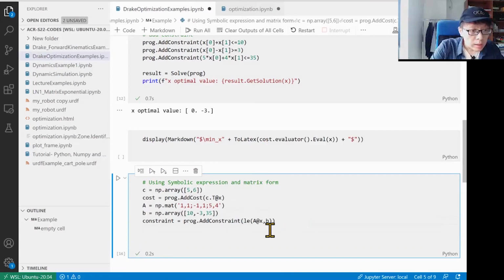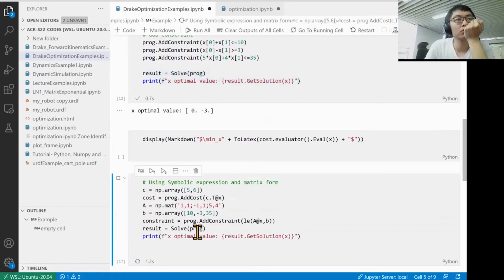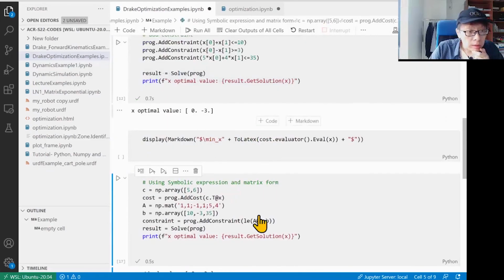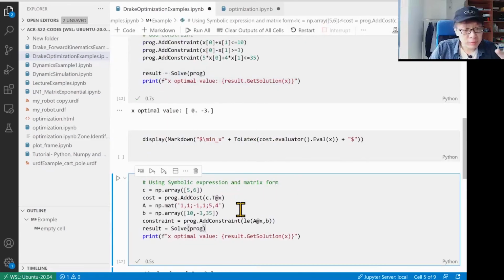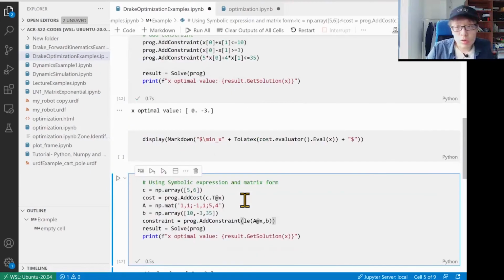I will copy this part then. 0 and -3. Okay, we did exactly the same formulation, but it's more compact. So you need to use the symbolic less than or equal. And I will add another example with the quadratic program, also in the matrix symbolic way, so that you can see how this can be done, so that you can do some homework on this.